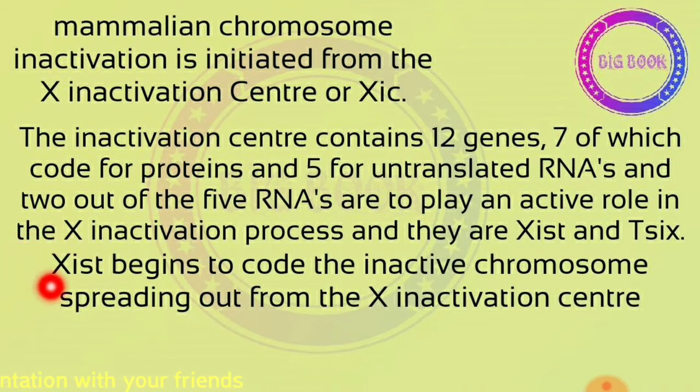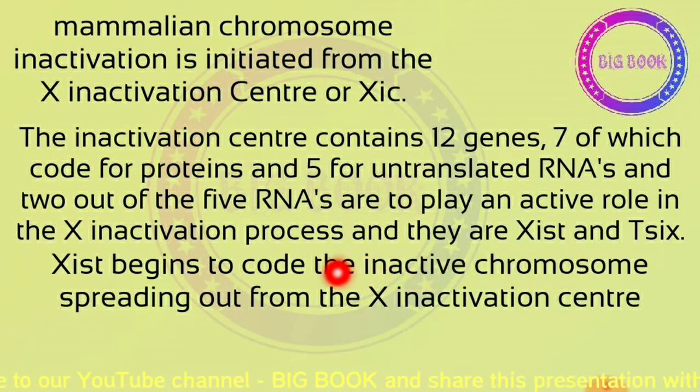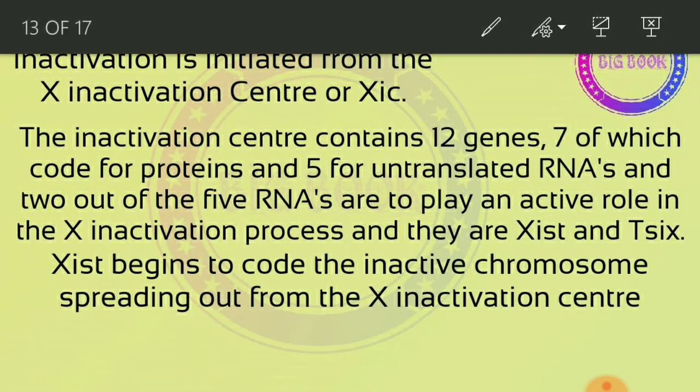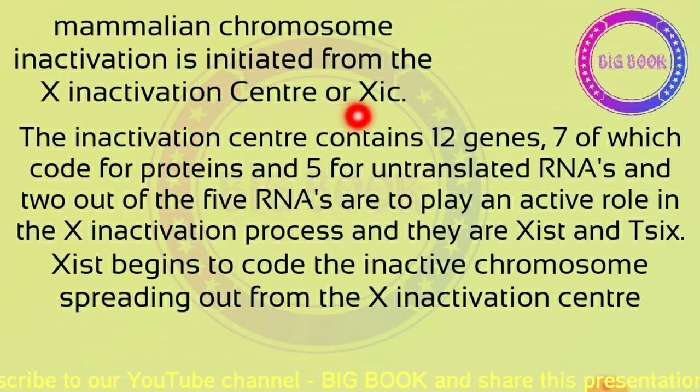XIST plays a major role because it begins to coat the inactive X chromosome. So here XIST is responsible for transcribing the RNA, which smears all over the X chromosome starting from the X inactivation center.